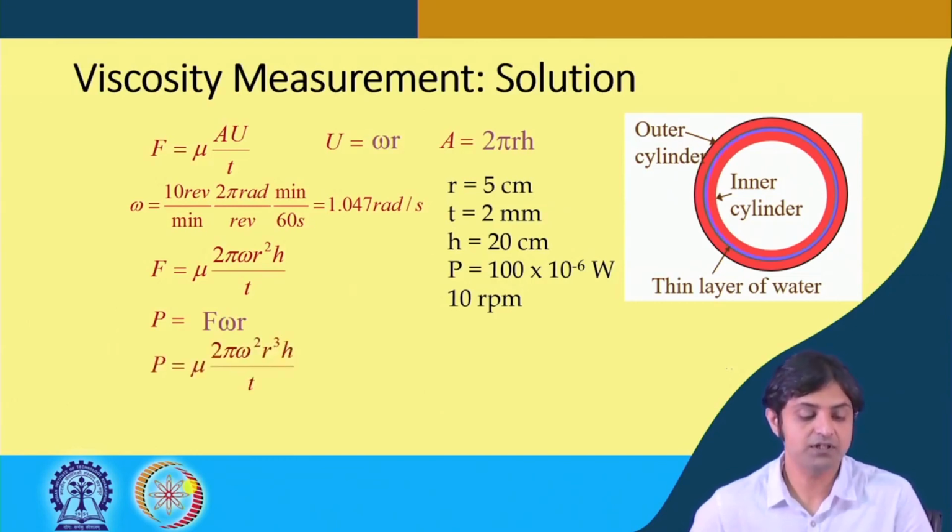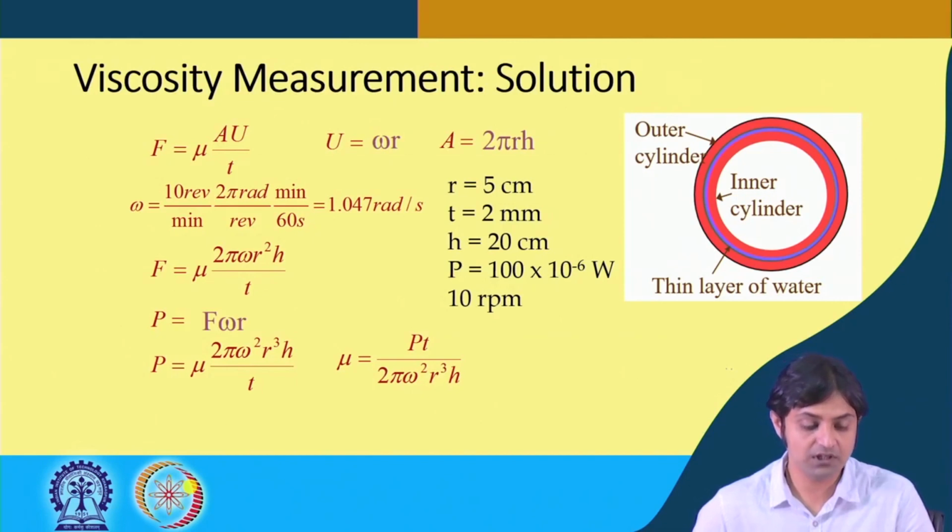So, power can be written using the equations of F and P given above as mu 2 pi omega square r cube h by T, and using this equation, if you take T on the other side and 2 pi omega square r cube h down, you can obtain mu as power into thickness divided by 2 pi omega square r cube h.